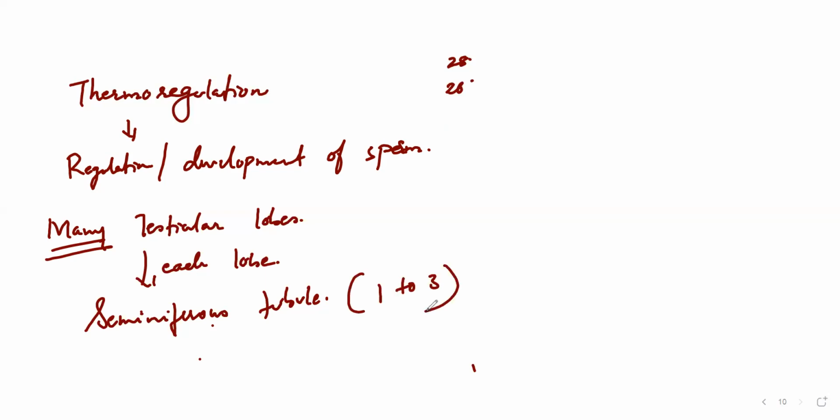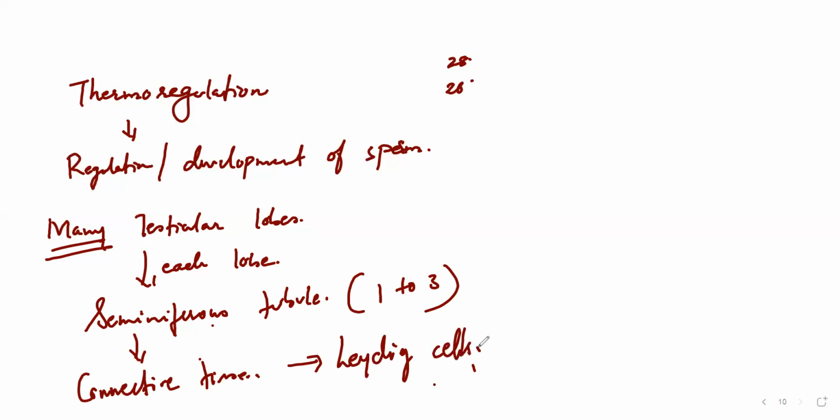Between these 1 to 3 seminiferous tubules in each lobe, there is a connective tissue, the interstitial cells, which are called Leydig cells.